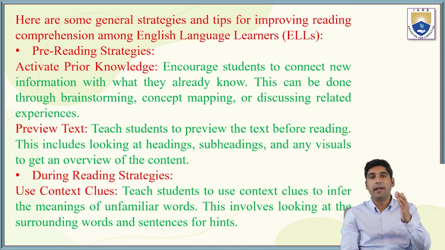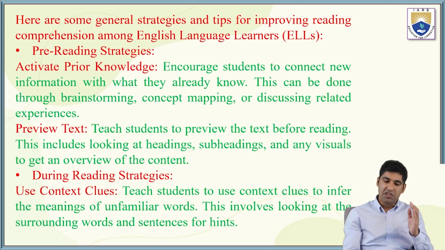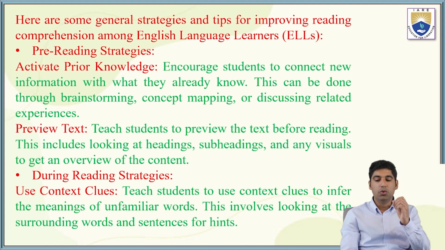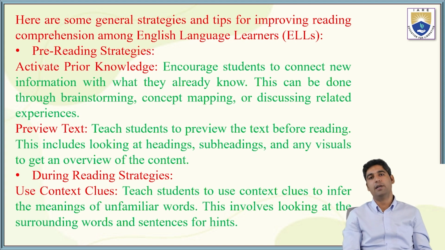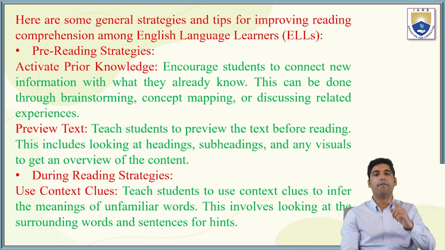So during reading, there is one reading comprehension strategy which helps English language learners to learn the language better: to use context clues to infer the meanings of unfamiliar words. When you encounter any unfamiliar word, you can get its meaning with the context clues, as I told you.